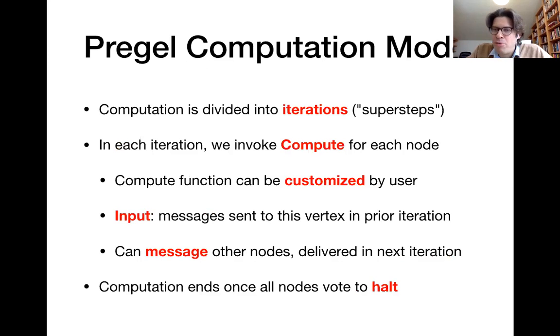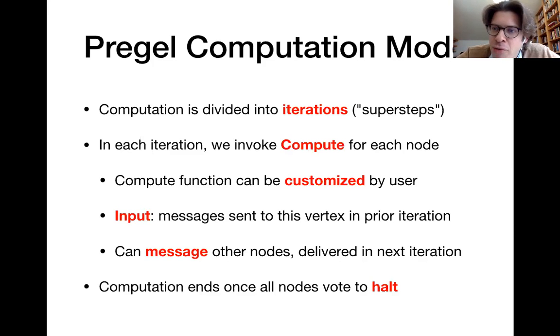Now, the Pregel computation model works as described here. The computation is divided into multiple iterations, which are also called super steps in this system. In each iteration, we invoke the compute function for each node in our graph. So we do some node-specific computation, and the way you specialize this system to solve one specific problem is by overriding the implementation of the compute function.